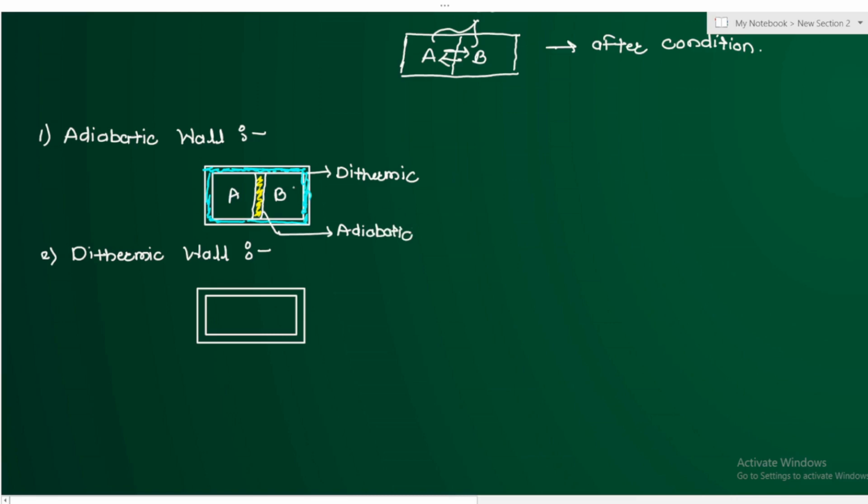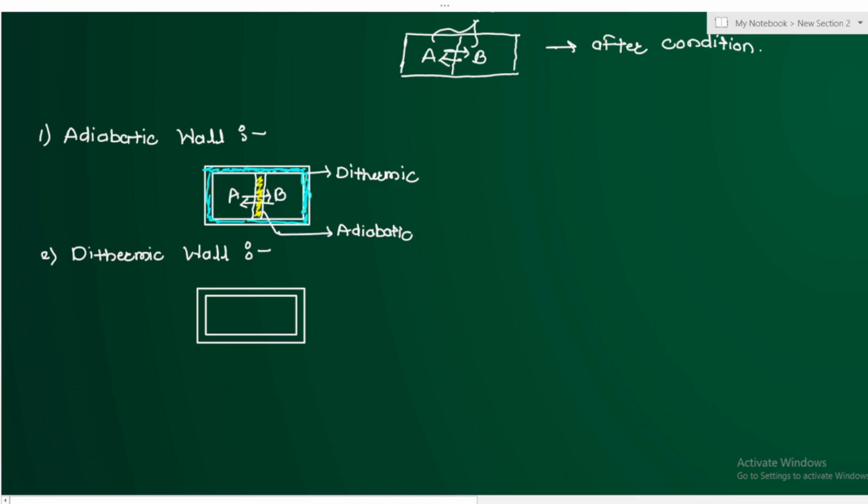Now we will see what adiabatic wall does. Adiabatic wall does not allow heat exchange between A and B, means A cannot transfer heat to B, and B cannot transfer heat to A. This is adiabatic wall. The heat exchange between A and B is not allowed in adiabatic wall. But what is diathermic wall? Diathermic wall allows exchange of heat between system and surrounding, or system to system.